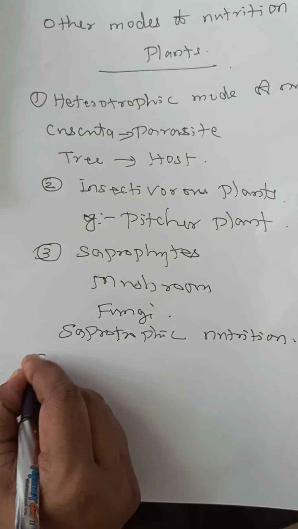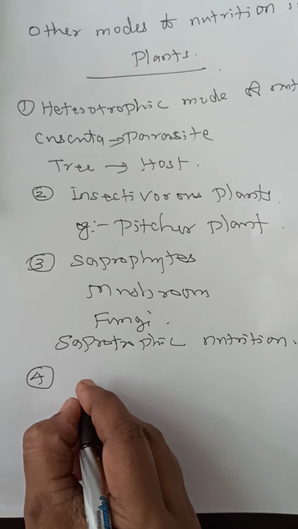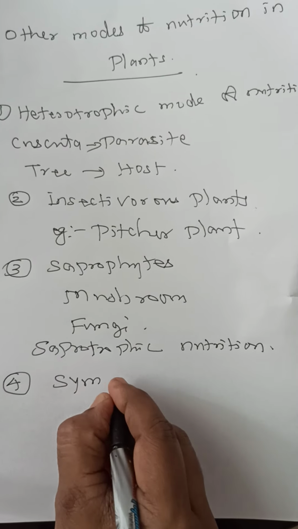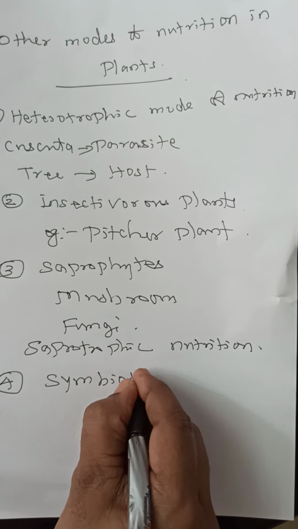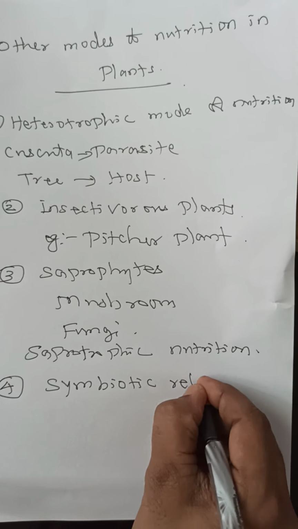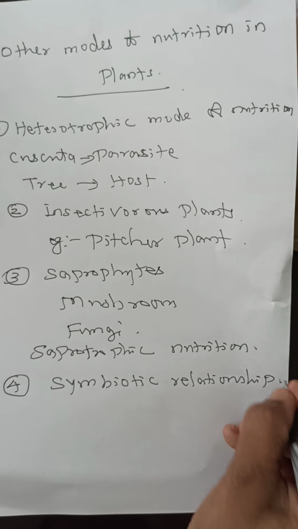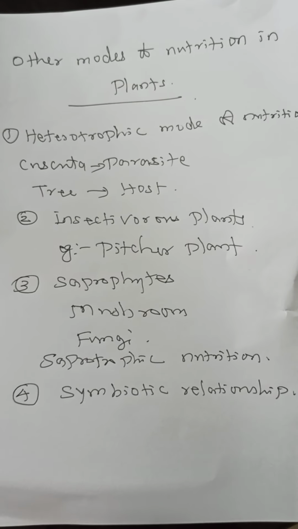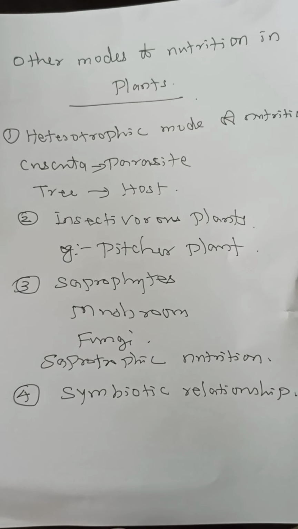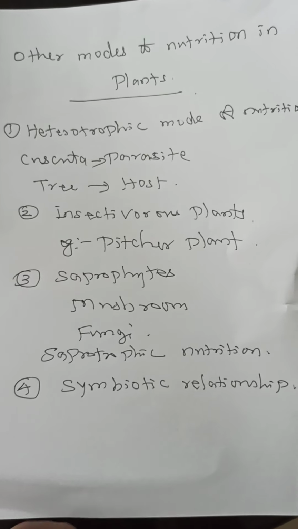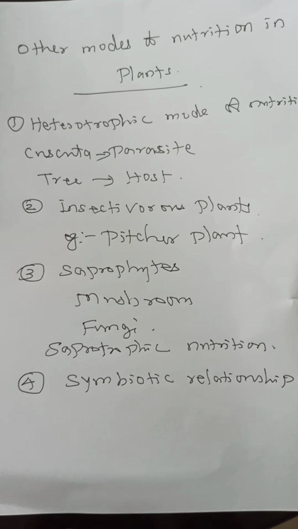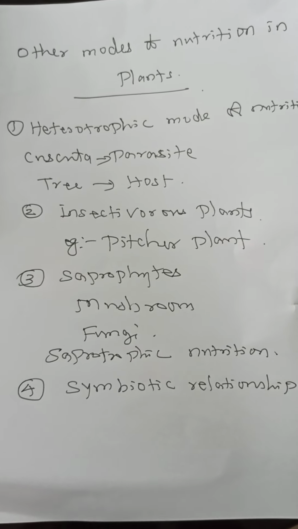Another type of mode of nutrition is the symbiotic relationship. Symbiotic relationship means a give and take policy. Both are beneficial, both are giving, both are taking.